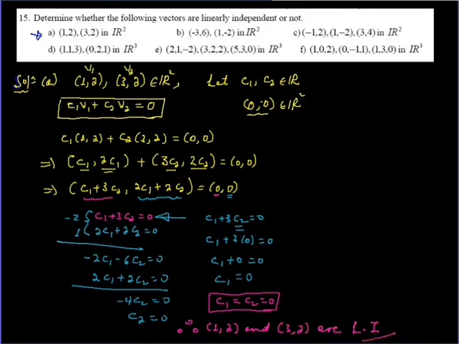So these two vectors are linearly independent. In the b part we will see whether this is linearly dependent or not. The solution for b part: look, as in a, you can say let there be scalars c1 and c2, any numbers from the real numbers.